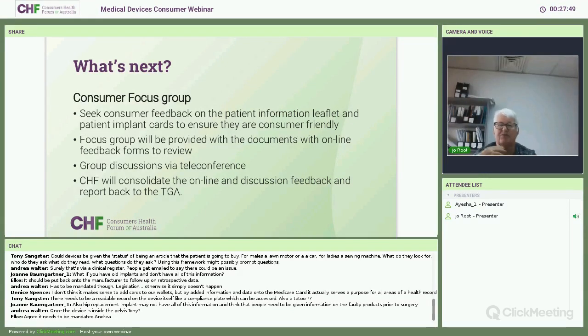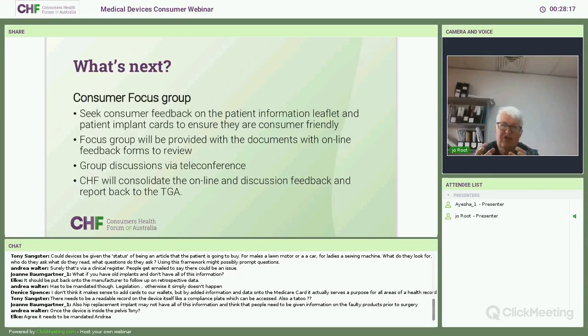We'll send out a draft patient information leaflet that's been drafted based on an initial consultation the TGA took with some consumers and consumer groups earlier this year, looked at what could be in a patient information leaflet, got their feedback. We've come up with a new version, so we're going to send that out to see what people think.